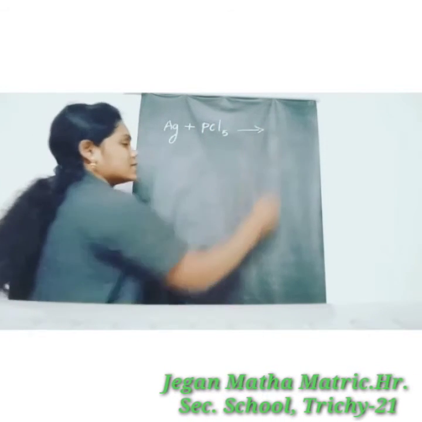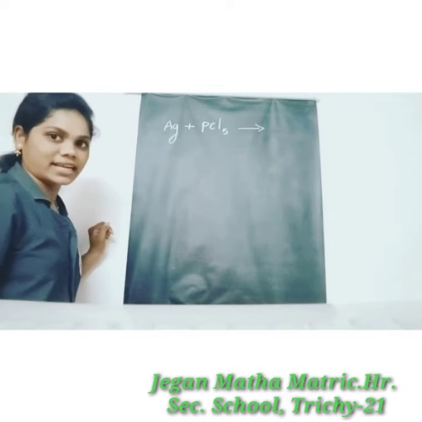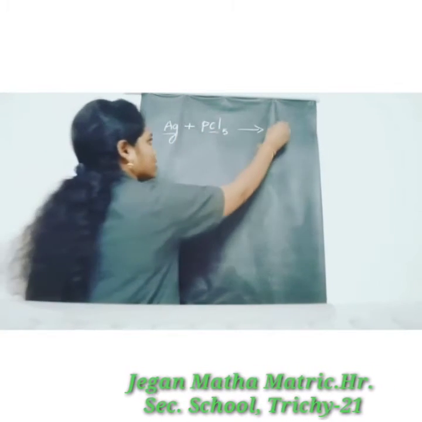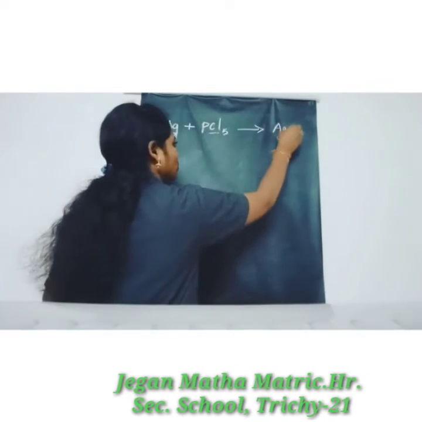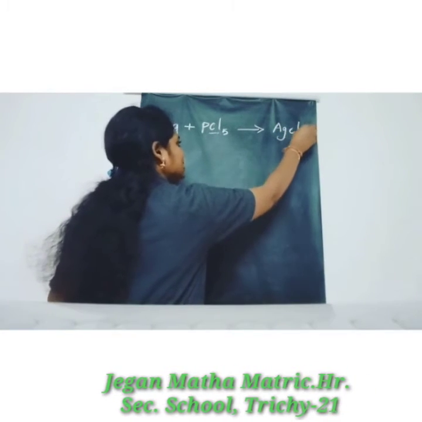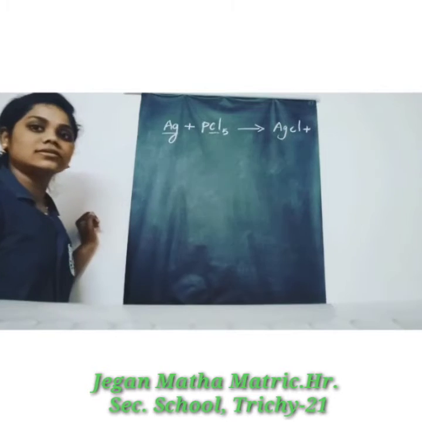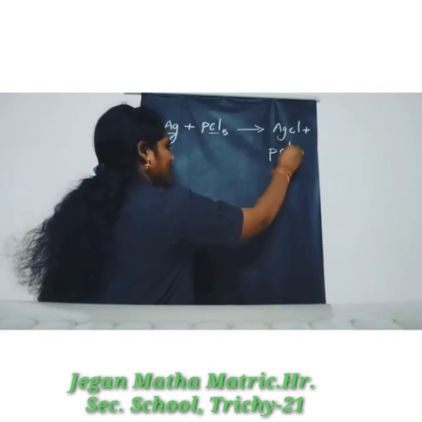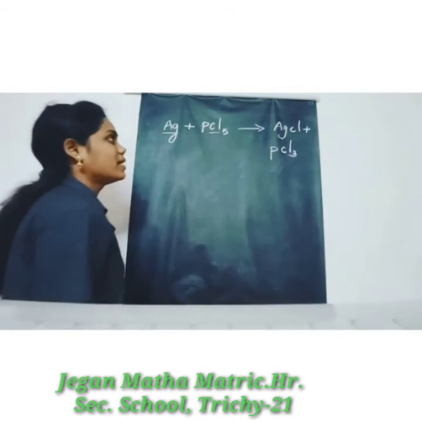It gives silver chloride, that is metal chloride. So here silver chloride is formed. So silver chloride plus phosphorus trichloride, that is PCl3. What is remaining?